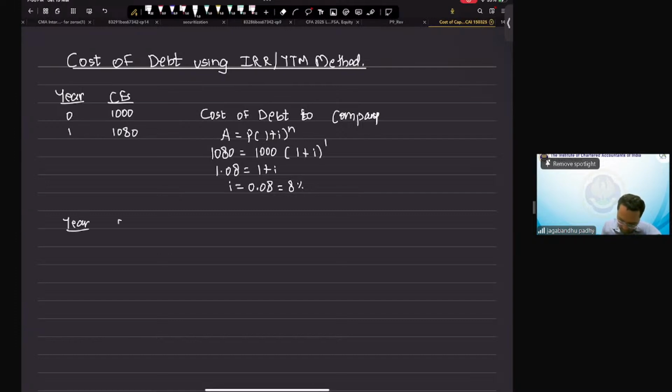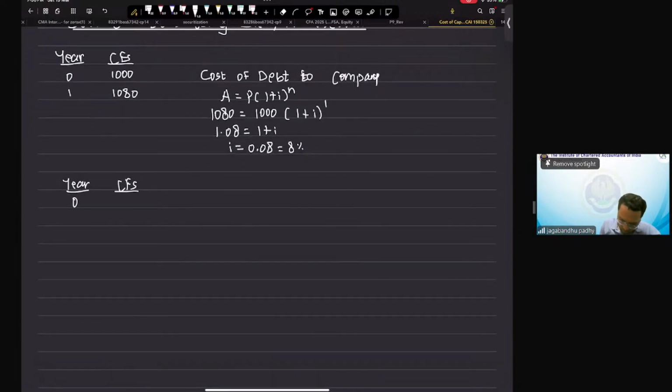Now let me just put it in a different way. So here at year 0, you're getting 1,000, and directly in second year, you're paying out 1150. Can you calculate the cost of debt over here?